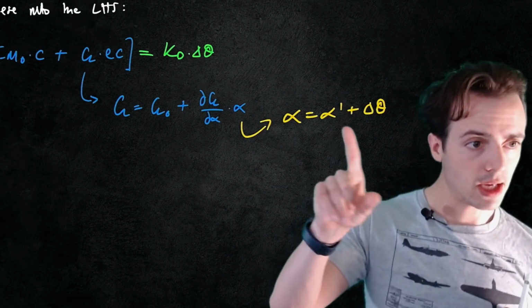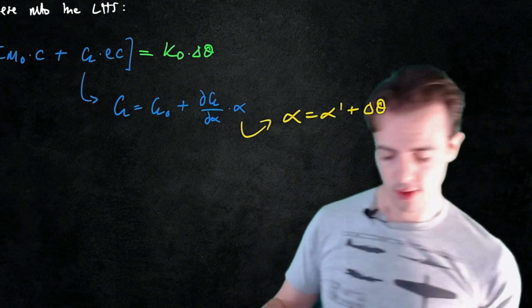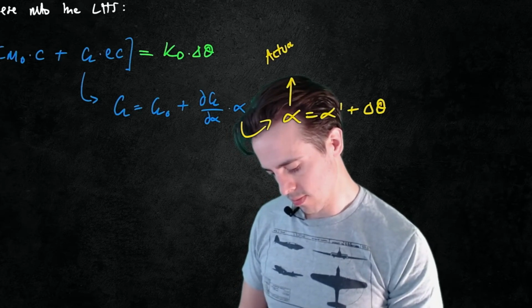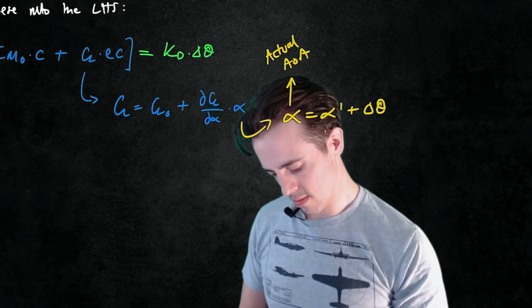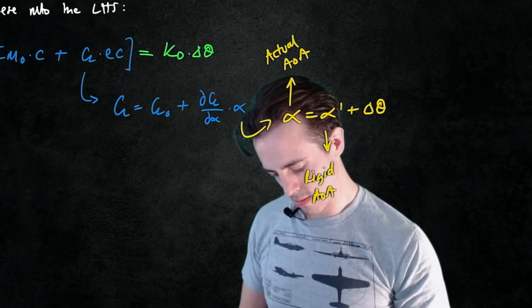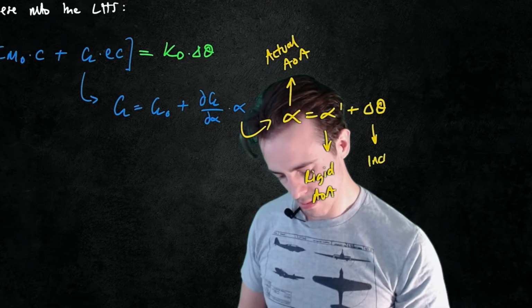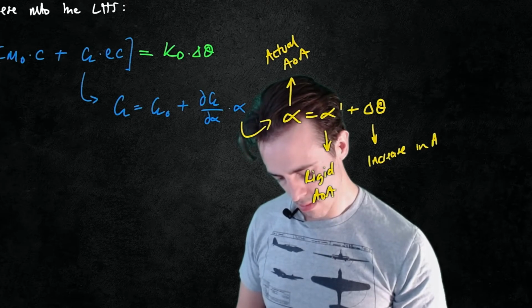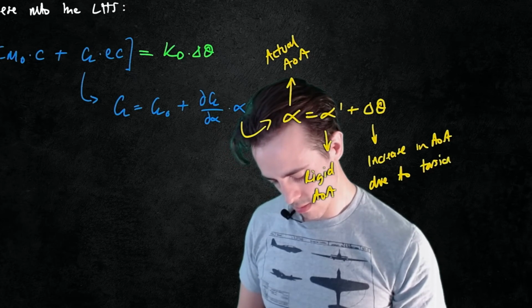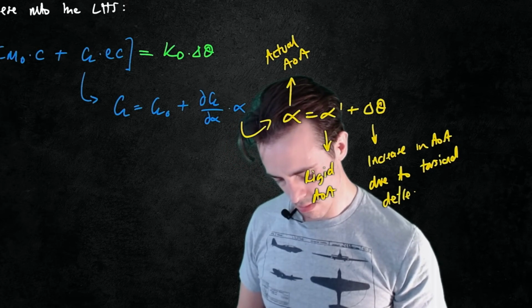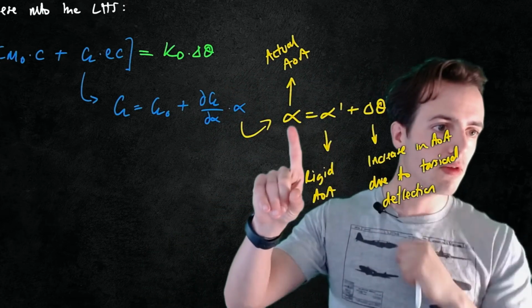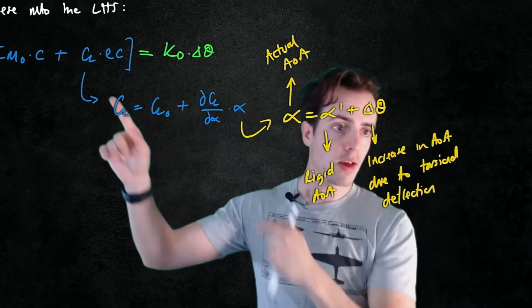That's the rigid angle of attack, and this is the increase in angle of attack due to torsional deflection. Okay, so we're getting to the heart of what this problem is. So we can substitute this into here, and then substitute this into here.